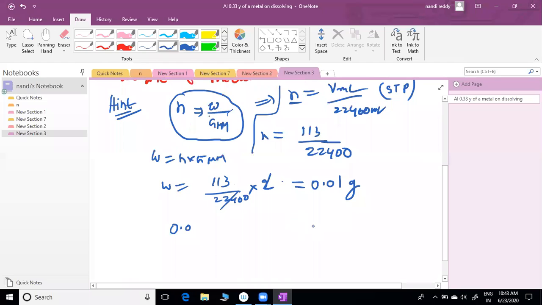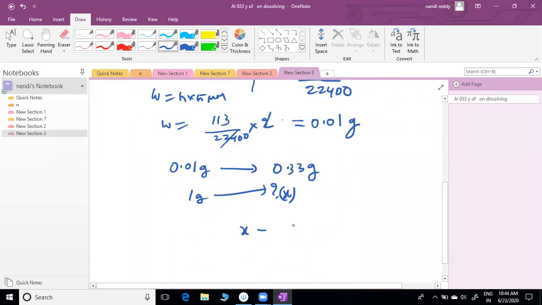If 1 gram of hydrogen is released by how much? Please check it. Any doubt?